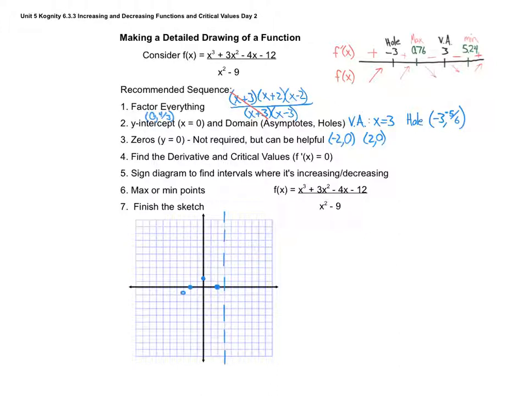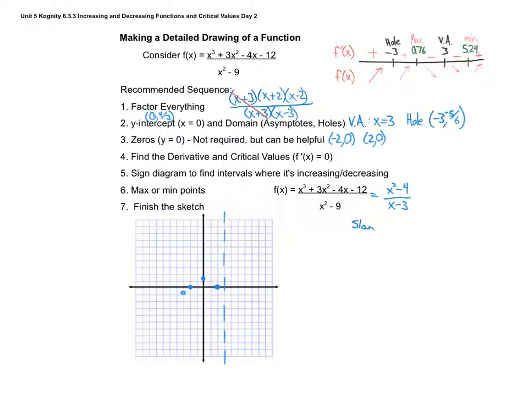Let's take a moment here as an aside and remind ourselves what those slant asymptotes are like. The slant asymptote, remember we said this whole thing can reduce down to an x squared minus 4 over an x minus 3. Again, the degree on the top is only one bigger than the degree on the bottom, so we have a slant asymptote.